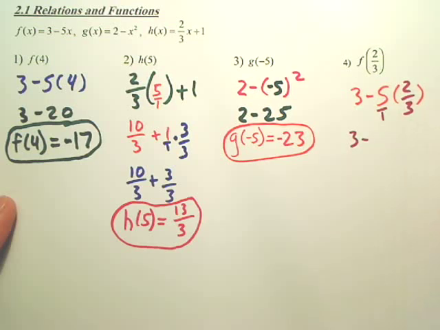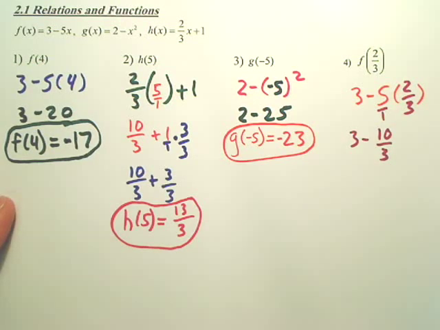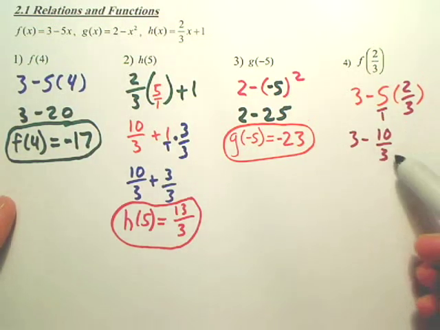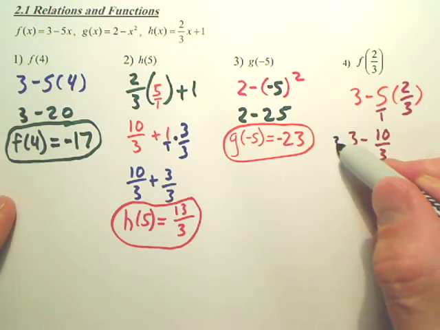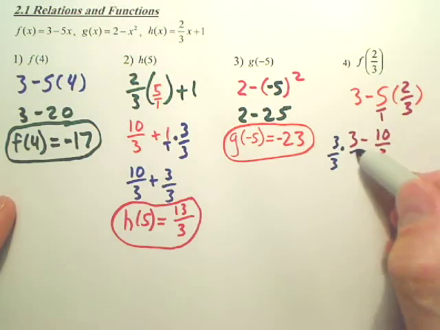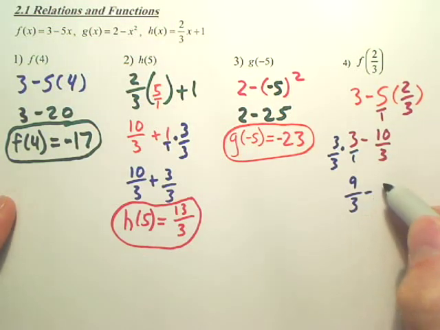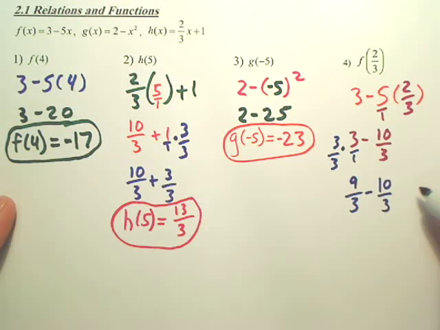So that's 3 minus 5 times 2 is 10. 1 times 3 is 3. I need to change this one, so I get a 3 on the bottom. So 3 over 3. It's like 9 over 3 minus 10 over 3.